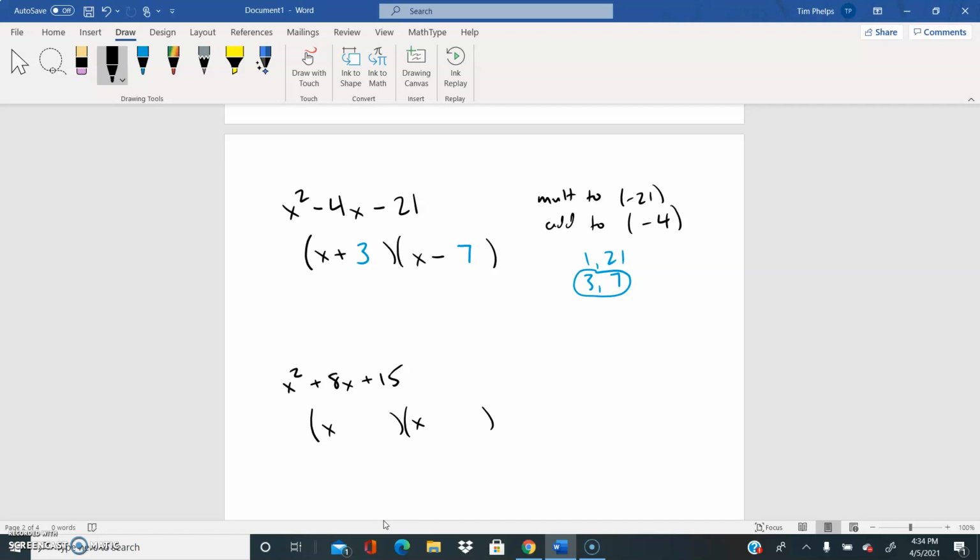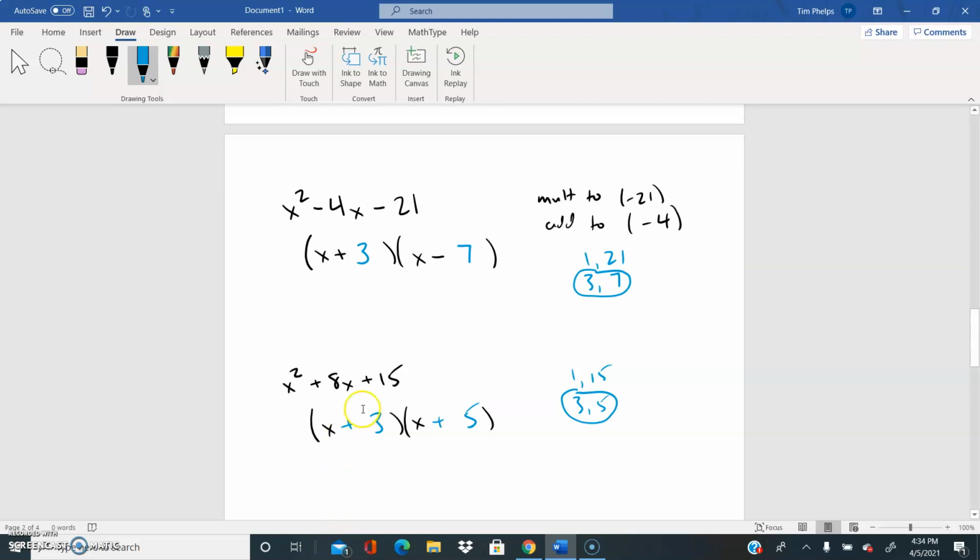So numbers that multiply to 15 that also add to 8. So 1 and 15, and 3 and 5. 3 plus 5 is 8. That's the pair I want. So since this is positive, so are both of these, and I have 3 and 5. If I multiply it back out, I should get back to where I started from.